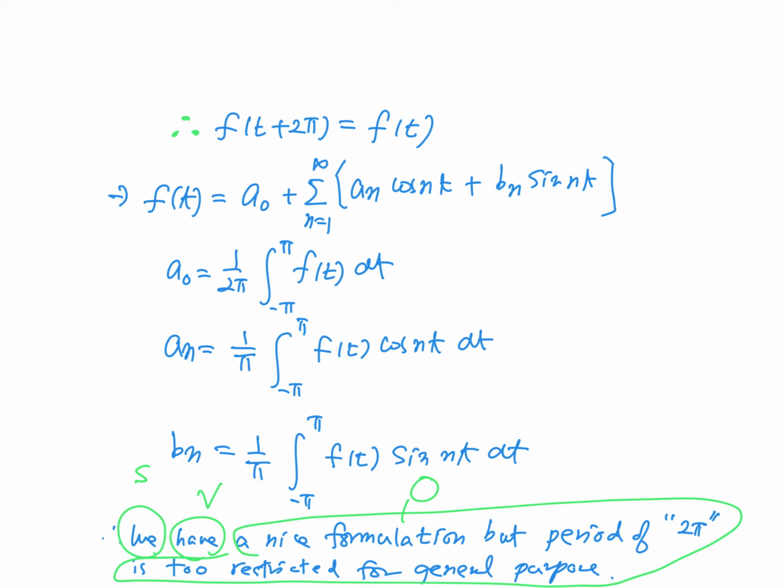So the problem is the following. Period T, big T. How can we formulate this? Something with general T. When 2 pi was easy, right?